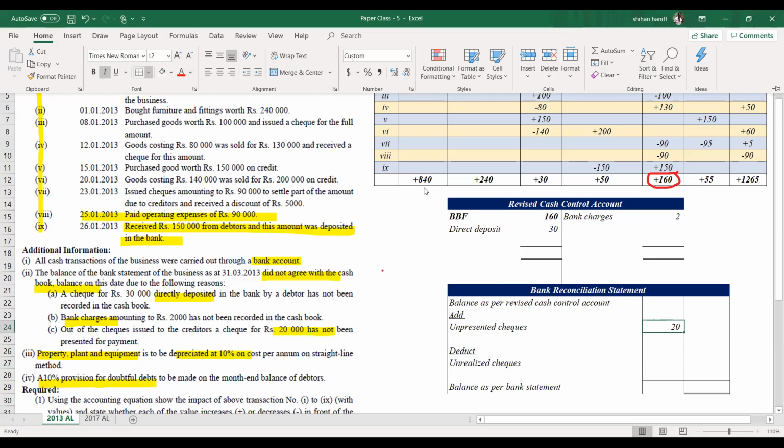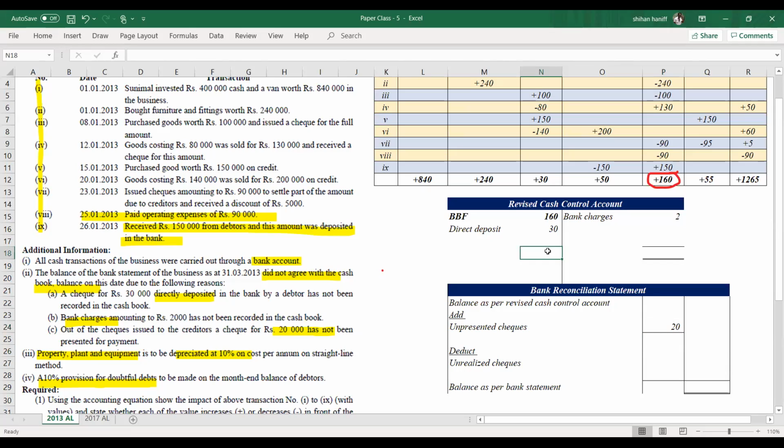We can balance this. Total debit is 190. Balance carried down. 190 minus 2,000 is 188. So the balance as per the bank statement is 208.